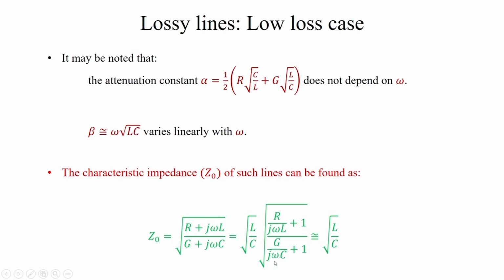Similarly, G by j omega C also will be very small compared to 1, and Z0 can be approximated as root L by C.